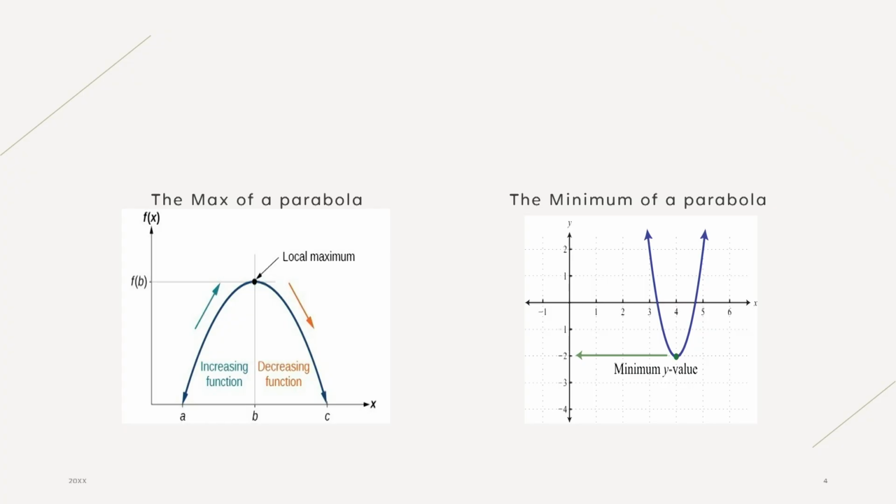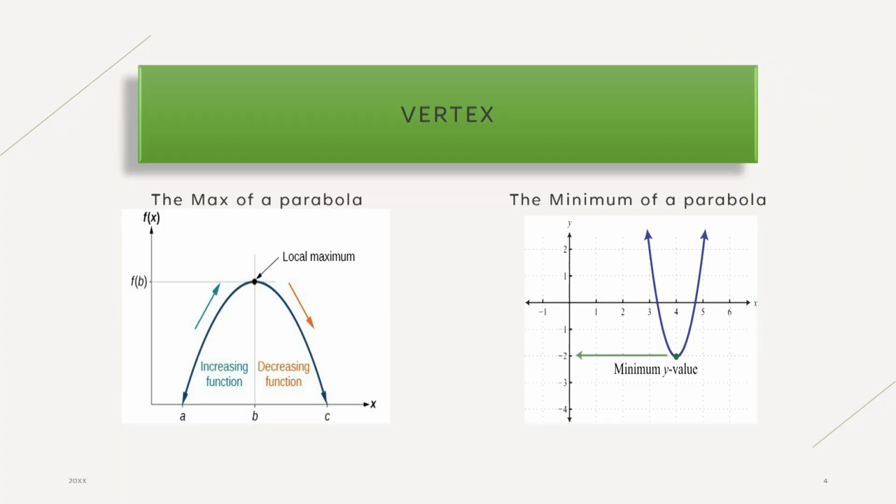Now, we're looking at the max of a parabola and the minimum of a parabola. It is called the vertex. This is a big, big vocabulary word. Now, if I am looking at the max of a parabola, this is the maximum. When I talk about a maximum, it's going to be the top. Or we've also heard maximum as the biggest, or the most.